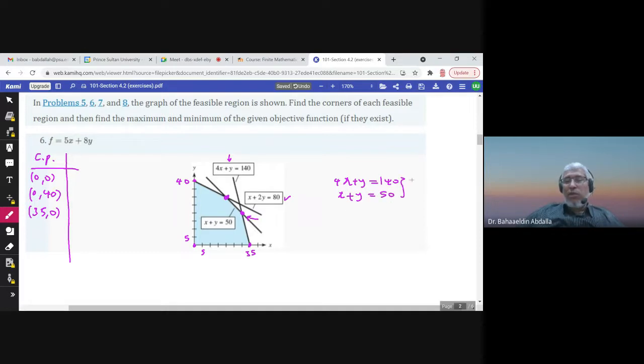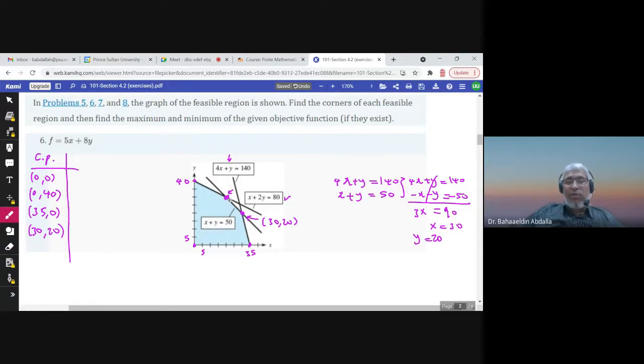I keep the first line as it is, multiply the second by -1, and adding, I have 3x, the y cancels, and 140 minus 50 is 90, so x is 30, and y would be 50 minus 30, 20. So this point is 30, 20. This is another corner point.